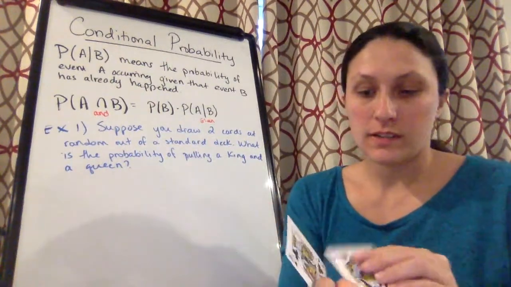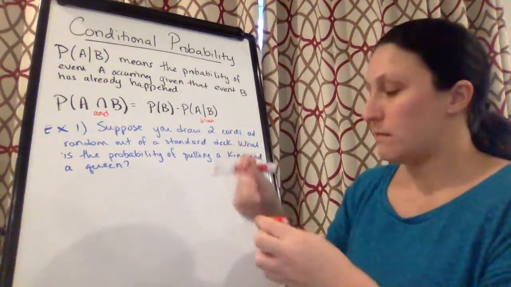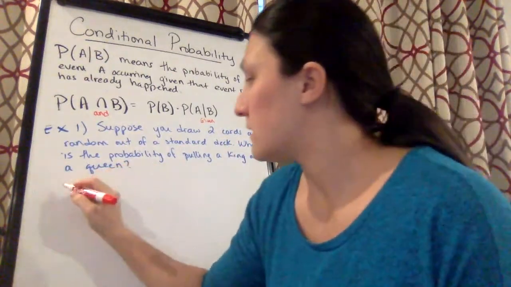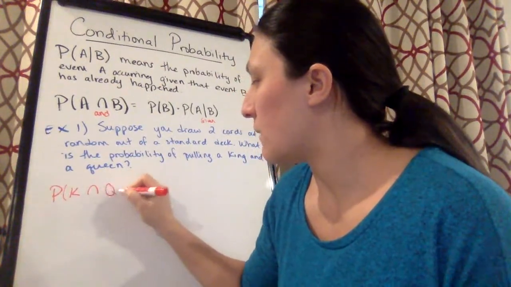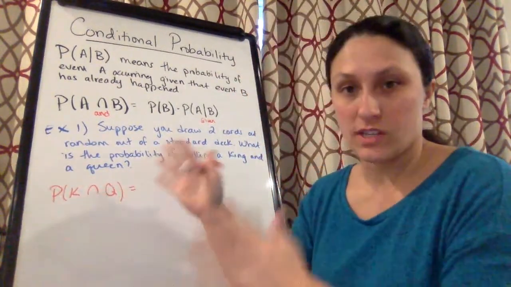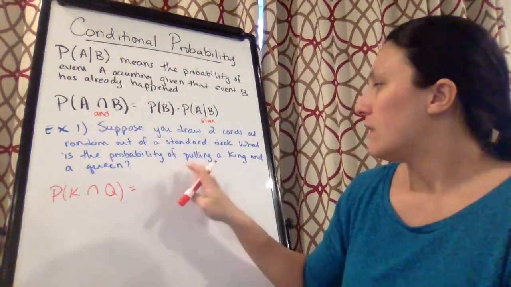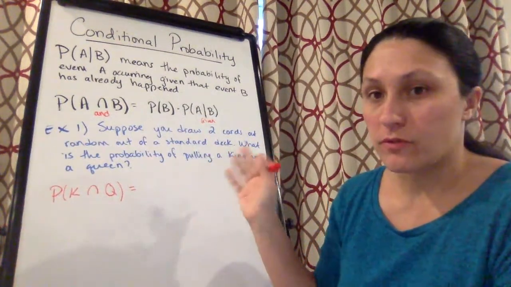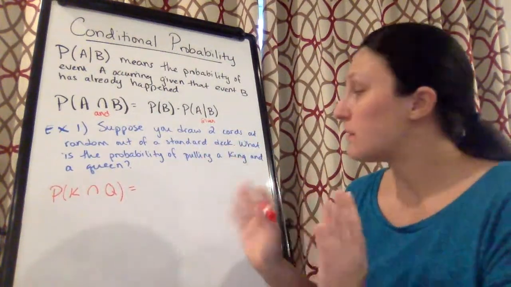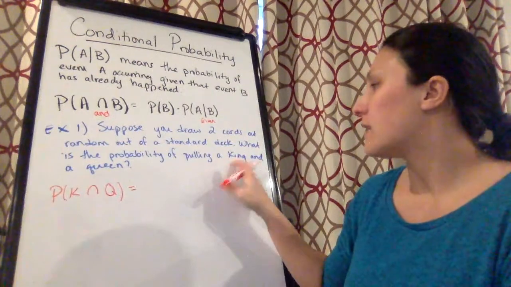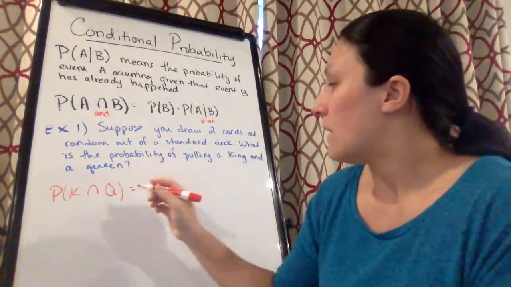Okay, so let's see. To find the probability that both things happen, that means the probability of a king and a queen happen. So that's my shorthand notation for both of those things happening. Now it technically doesn't matter which one you pull first because there's 4 kings and 4 queens in the deck, but it says pulling a king and a queen, so let's just assume you pull the king first and then the queen.